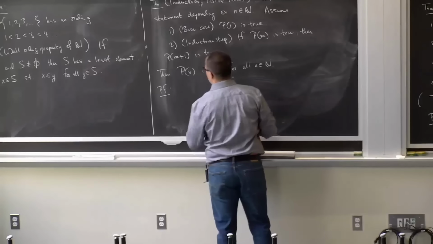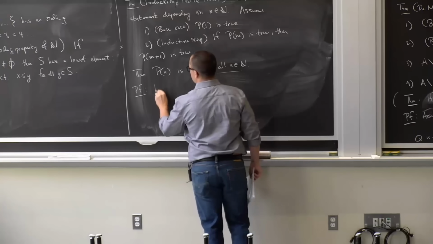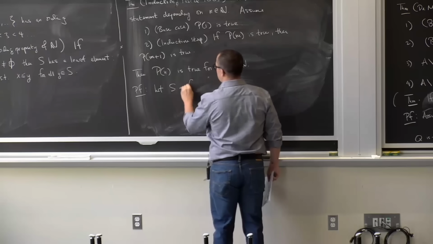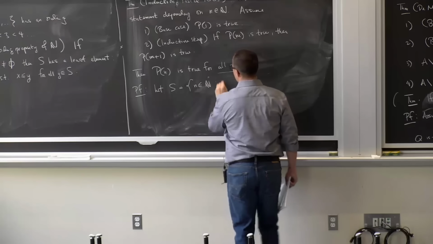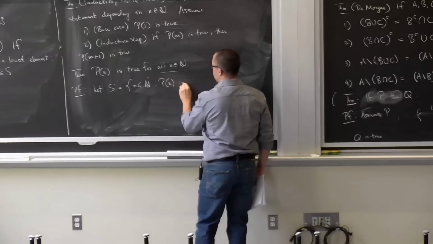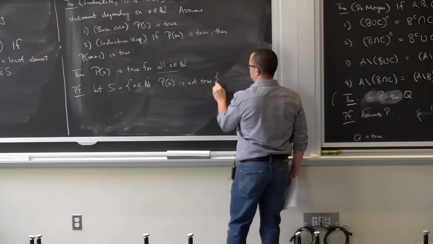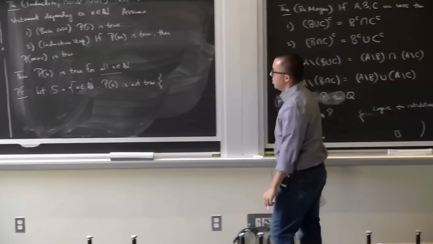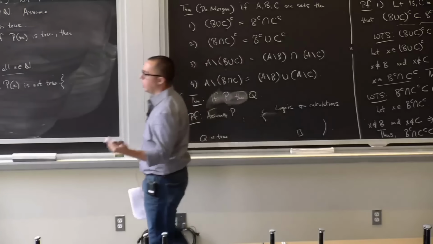So let me write our conclusion slightly differently. Let S be the set of all natural numbers such that P of n is not true. So what I want to show is that P of n is true for all n.